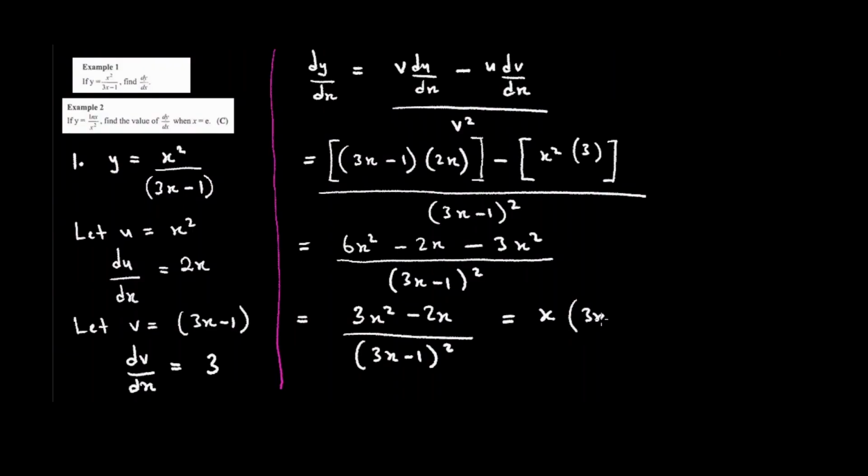Tinosara tina 3x minus 2. This okay? And this is over 3x minus 1 squared. Saka practically panapa ndo panogumira our solution. Okay, so that is how we do example 1.